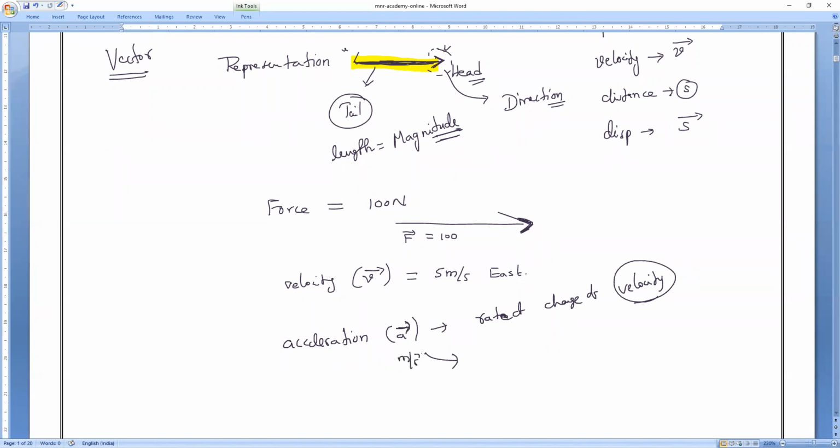Meter per second square. So I will say acceleration a is equal to, for example, 2 meter per second square towards the west. The acceleration of the body is 2 meter per second square in what direction, everybody? It will be the west direction. That is how I mention it.